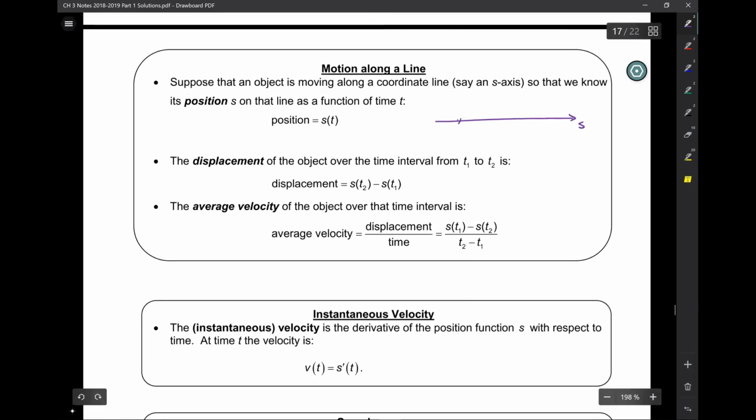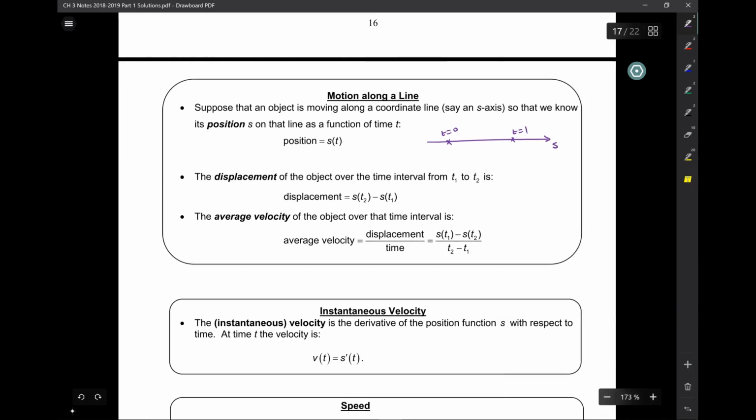So at t equals 0, it's here. At t equals 1, it's here, and so on and so forth. Okay? So suppose this object is moving, and we know its position s, okay? And the position is given to us as S of t.